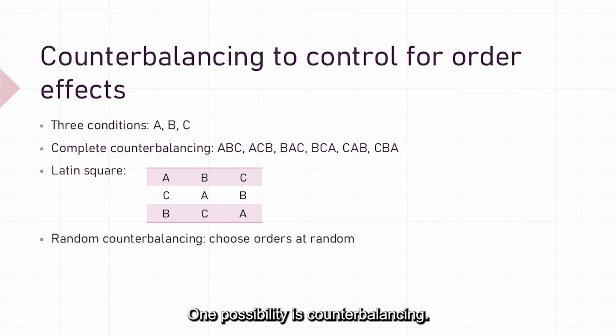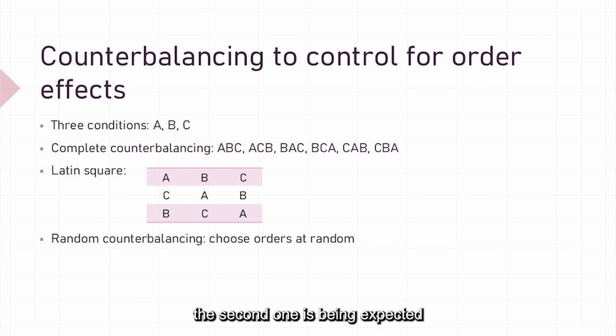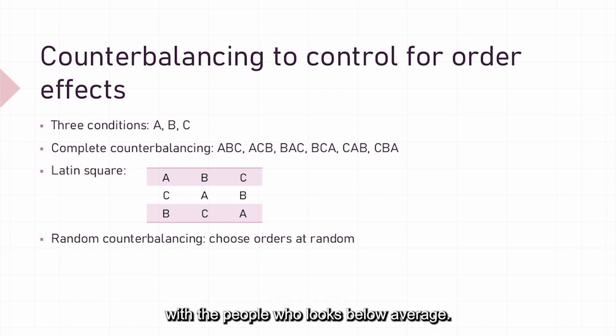One possibility is counterbalancing. Let's reuse this example with attractiveness rating. We have 3 blocks of people. The first one is expected to be highly ranked. The second one is expected to be ranked somewhere around the middle. And the third block has the people who look below average.